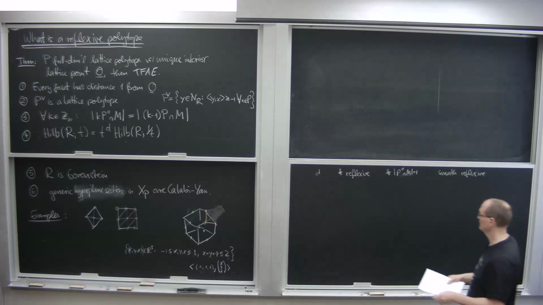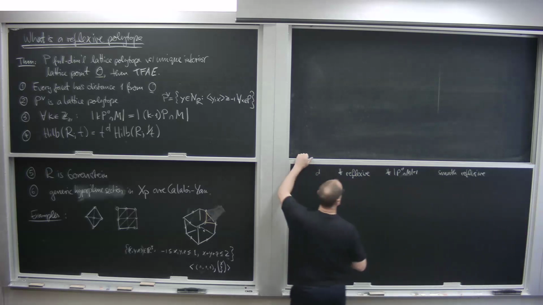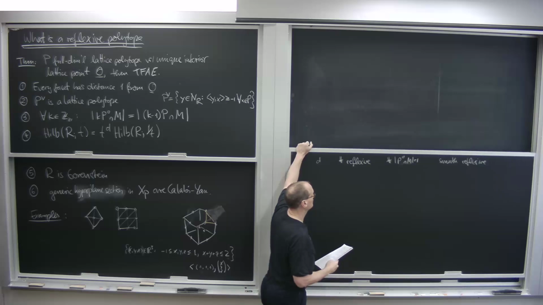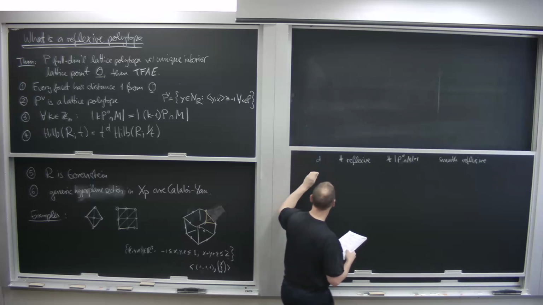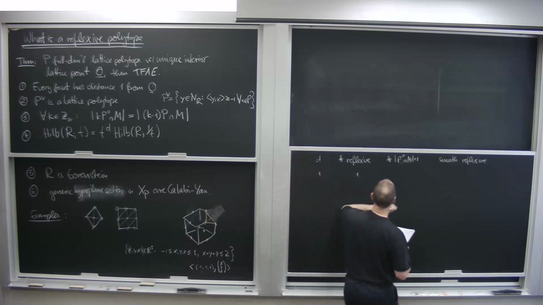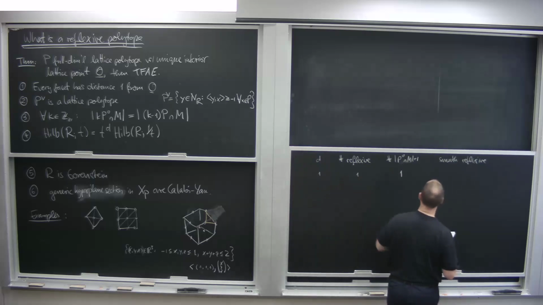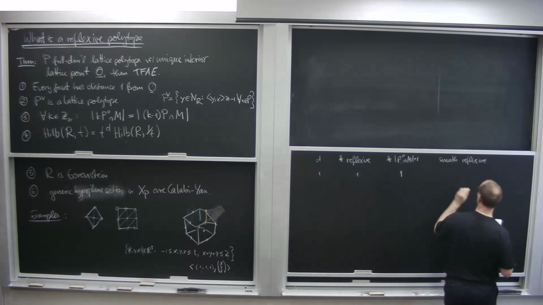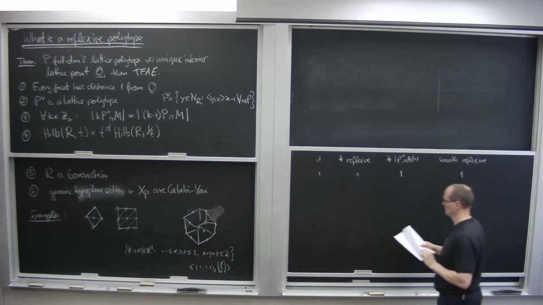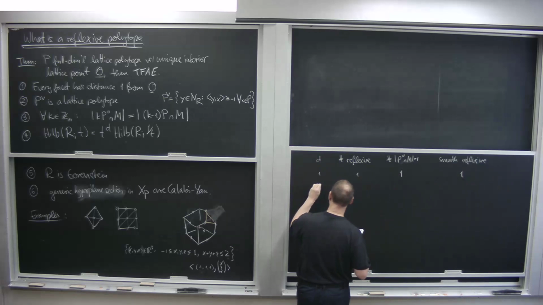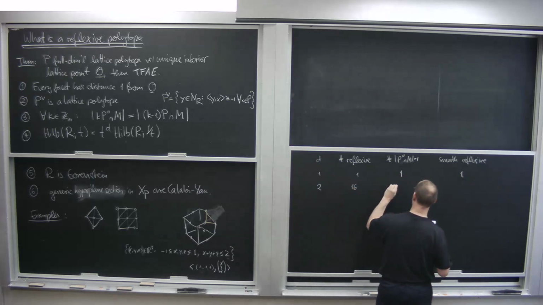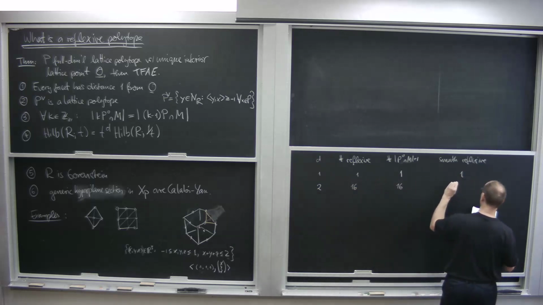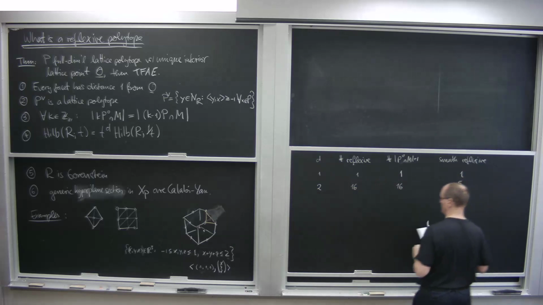Right. I wanted to give you a few numbers to get a feeling. In dimension 1, I have one reflexive polytope, a polytope with a unique interior lattice point, and it is in fact smooth. In dimension 2, I have 16 reflexive polytopes, 16 polytopes with a unique interior lattice point, and 5 of them are smooth.